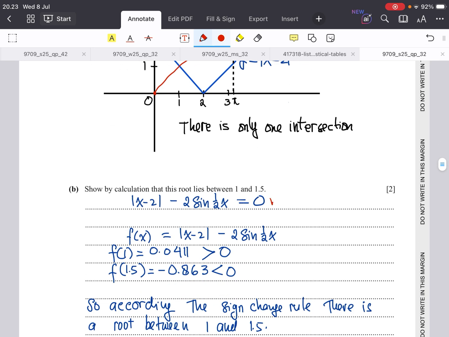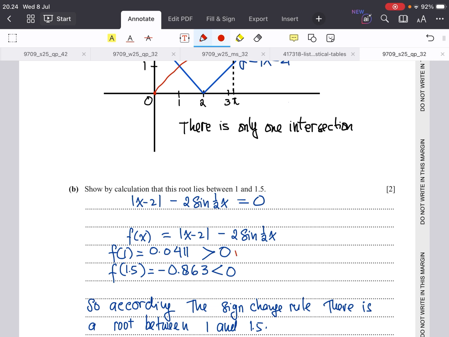So we get the equation absolute x minus 2 minus 2 sine half x is equal to 0. So we need to check the sign of absolute x minus 2 minus 2 sine half x for the value of x equals 1 and for the value of x equals 1.5.